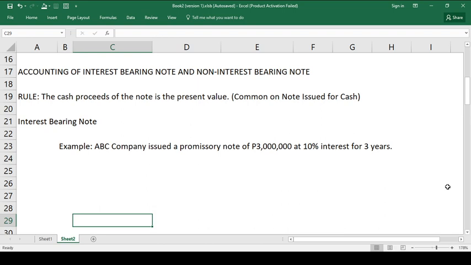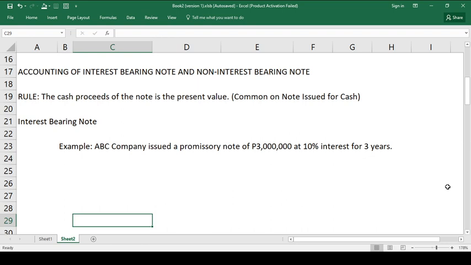So there are two types of note. Again, we have the interest bearing note and the non-interest bearing note. Our first example will focus on an interest bearing note issued for cash. Example, ABC Company issued a promissory note of 3 million pesos at 10% interest for 3 years.